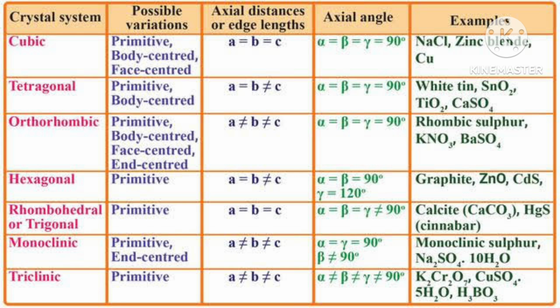In triclinic, only one possibility is there: primitive. Primitive means every corner will have one particle. And what about the sides? Here also the sides are not equal.